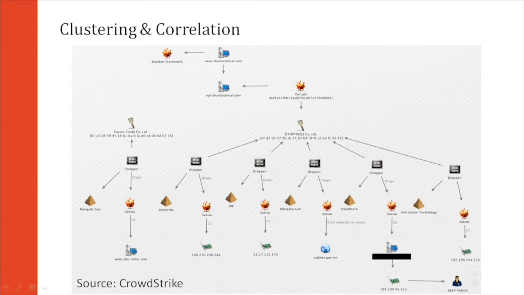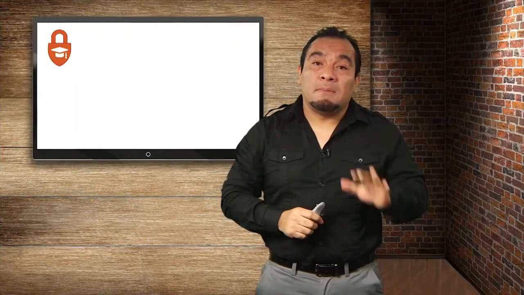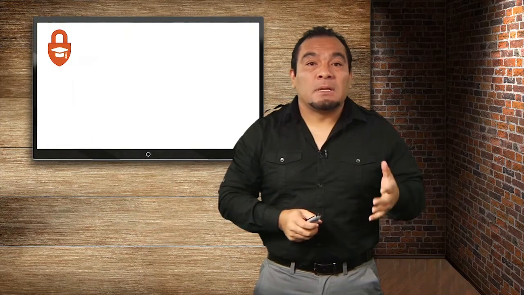You know, the full picture of the attack is represented. This is from CrowdStrike, who documented it from a specific organized crime organization, but this is exactly what we need to get as threat intelligence researchers.